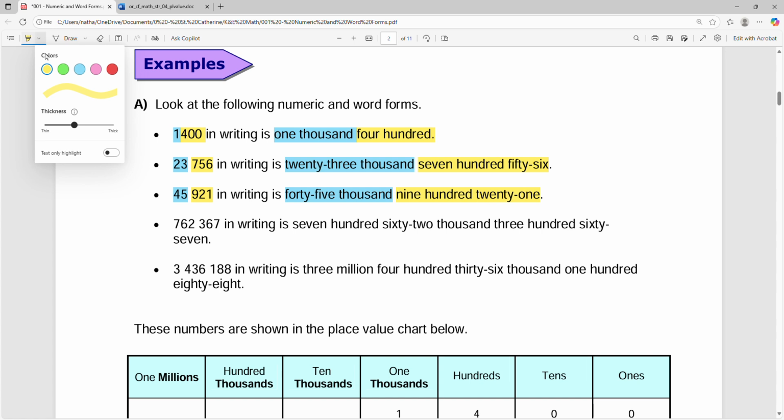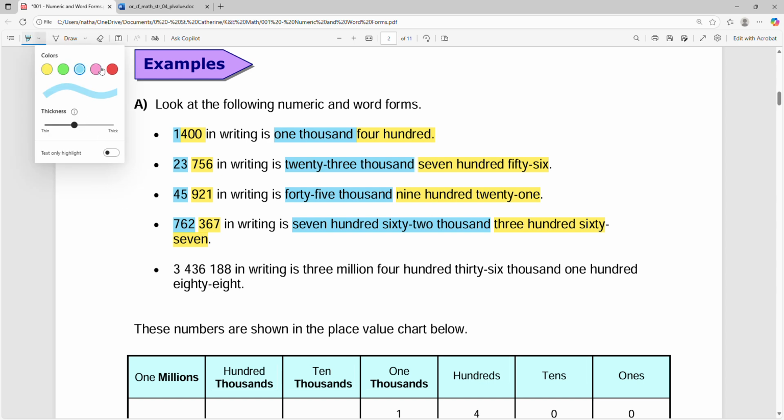Second last example, 762,367. Okay, so here we spell it out, 762,367. Again, I got my hyphen there. Last example.